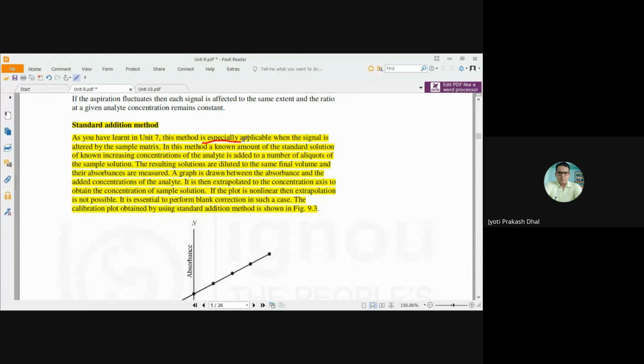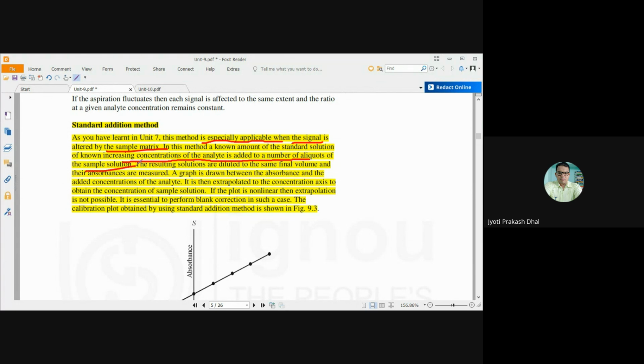This method is especially applicable when the signal is altered by the sample matrix. In this method, a known amount of standard solution of known increasing concentration of the analyte is added to a number of aliquots of the sample solution.